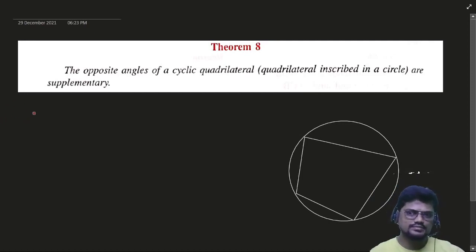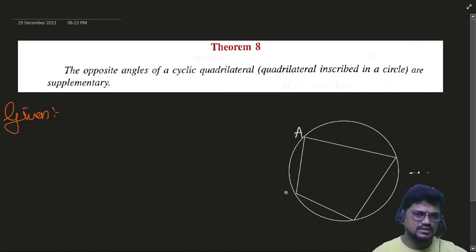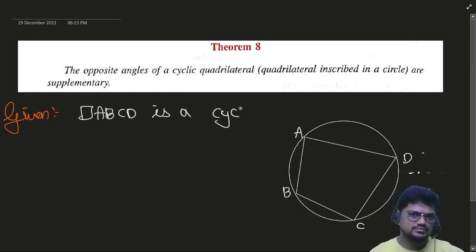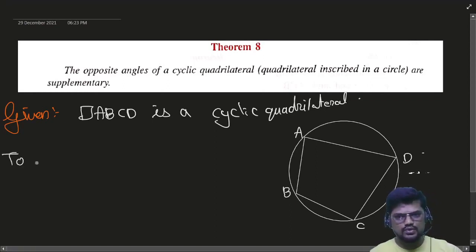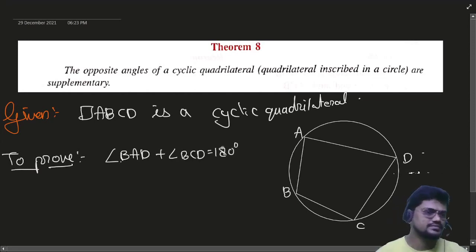What is given over here? The given thing is that quadrilateral ABCD is a cyclic quadrilateral. What you need to prove is angle BAD plus angle BCD equals 180 degrees.